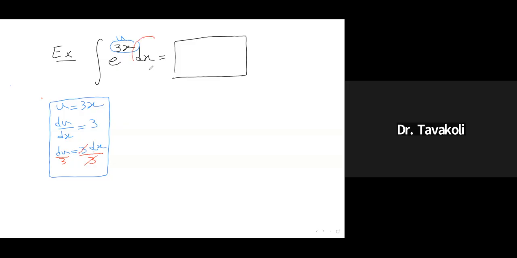So this dx is du over 3, meaning that I will have the integral of e to the u du over 3. Over 3 is like 1/3 has been multiplied by the function, so I pull that out, and the integral of e^u du.